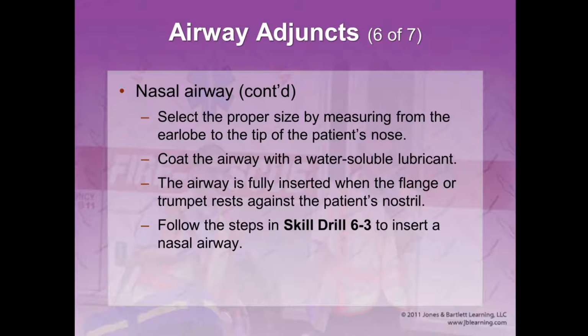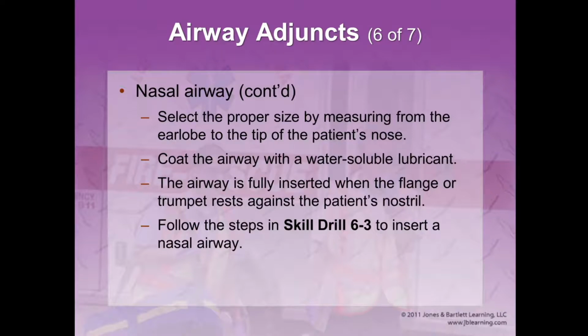We've already talked about sizing the oral airway from the corner of the mouth to the earlobe. With the nasal airway, because it's going in the nose, we will size it from the tip of the nose to the earlobe. Once you have the proper size, you want to lubricate the airway.